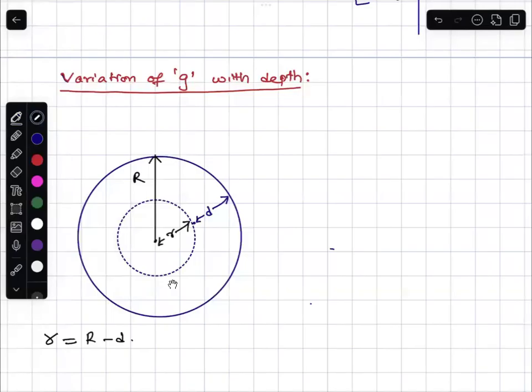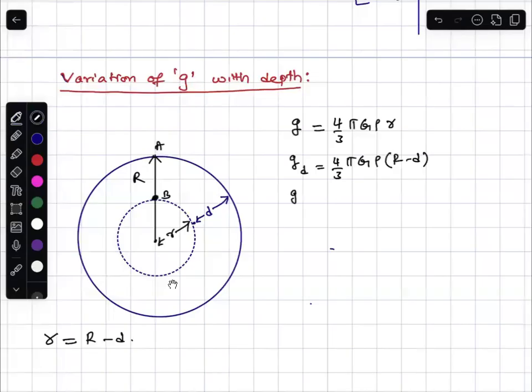Just now we have studied that at this point, the intensity of gravitational field is nothing but 4 by 3 pi G rho small r. So you take a point here, for example, now this is point B and this is point A. Then what will happen? At the depth, gD we will write as 4 by 3 pi G rho (R minus D).